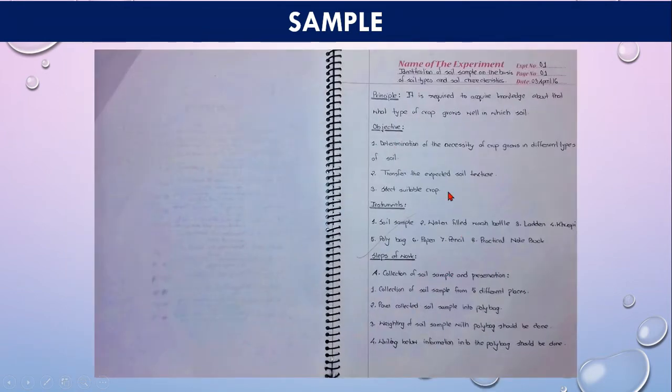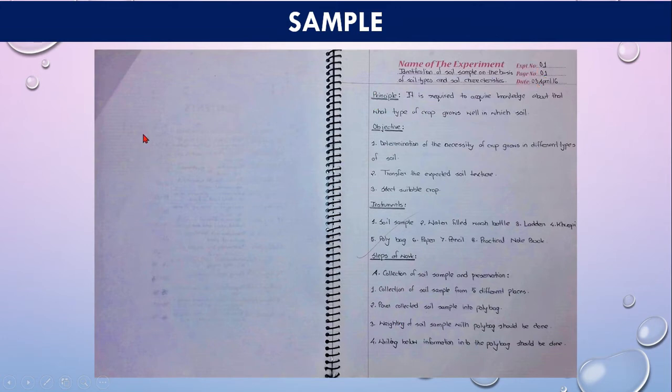Here is the picture of a page that is already filled up with writing. You have to follow this writing when you do the practical copy. Here you write down the name of the experiment, the experiment number, page number, and the date, and you start writing here.